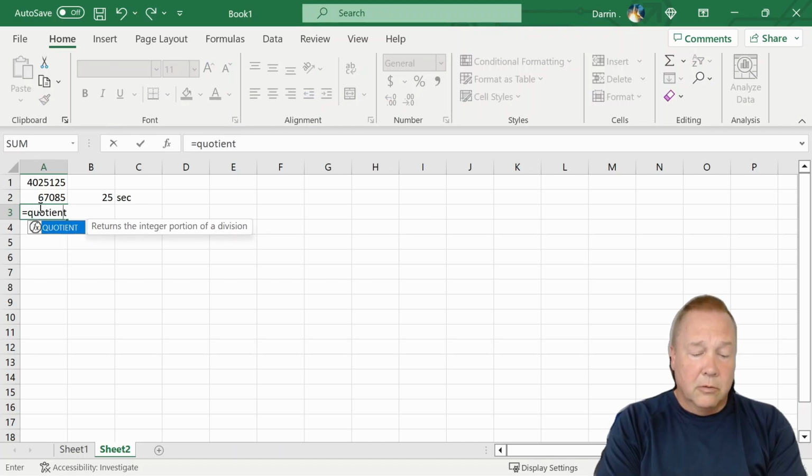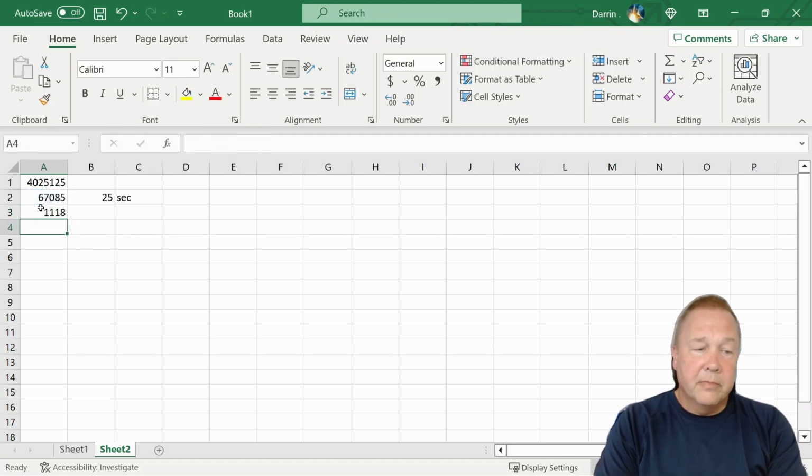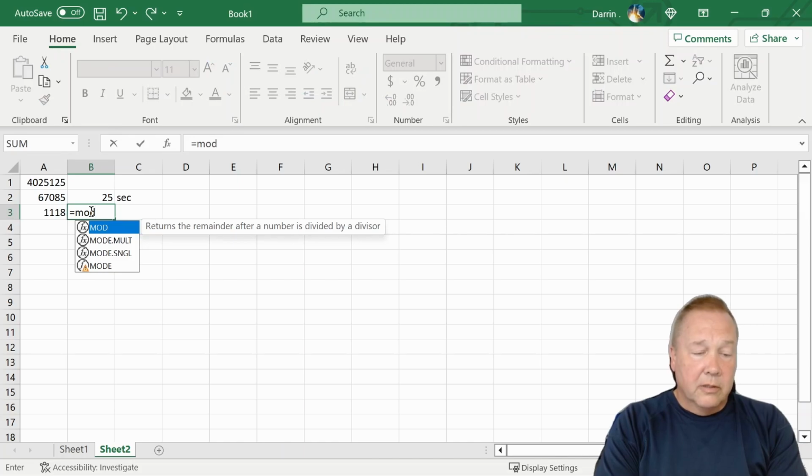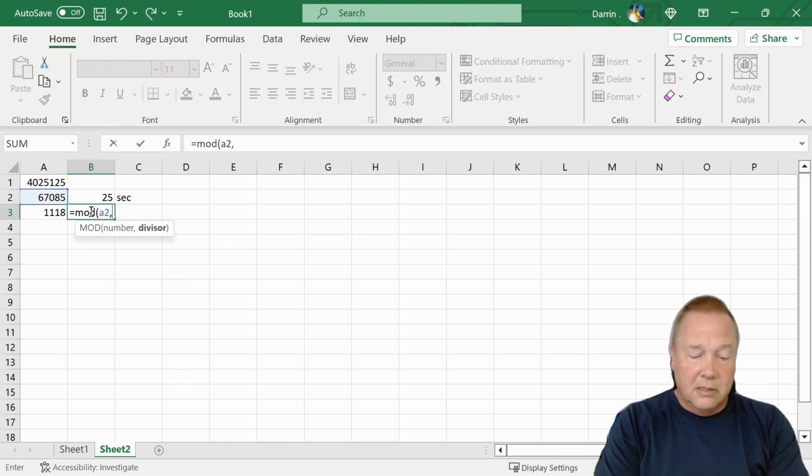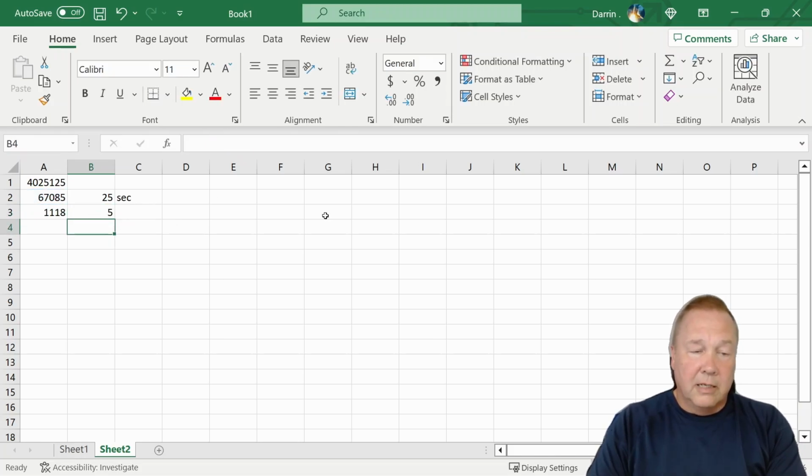Equals QUOTIENT of A2, and there are 60 minutes in an hour. So we have 1,118 hours. And how many minutes left over? Equals MOD A2 60. And that is minutes.